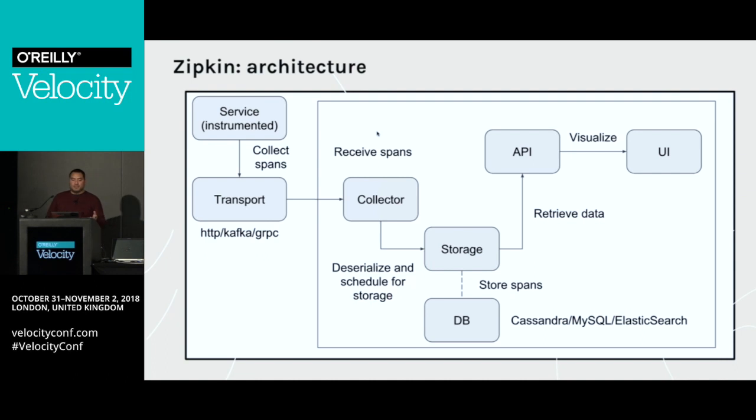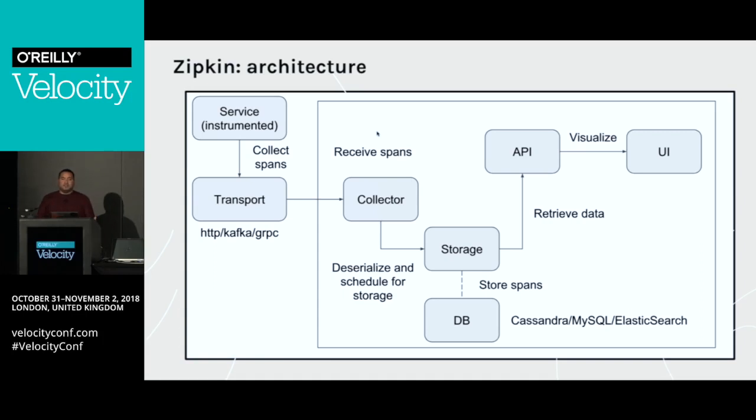This is Zipkin architecture. As you can see, it's a fairly simple one. You have your services that are instrumented. I keep repeating the word instrumentation, but I didn't give a formal definition of it. Basically, instrumentation is the possibility to plug instruments and collect signals in your libraries or your system.